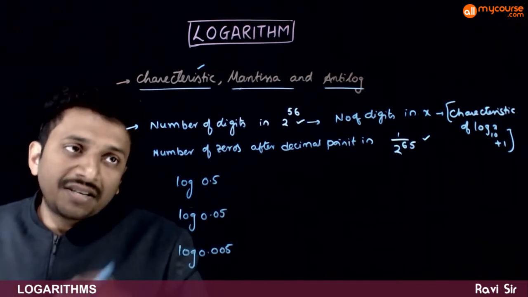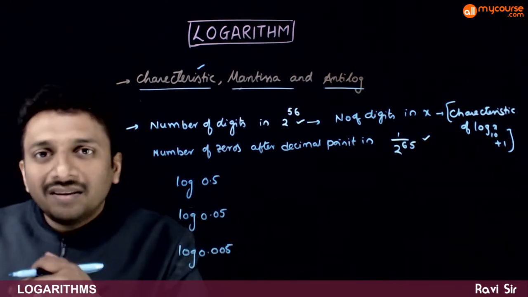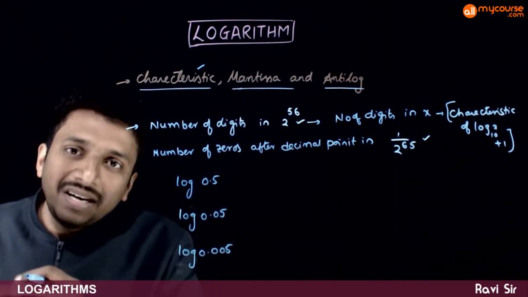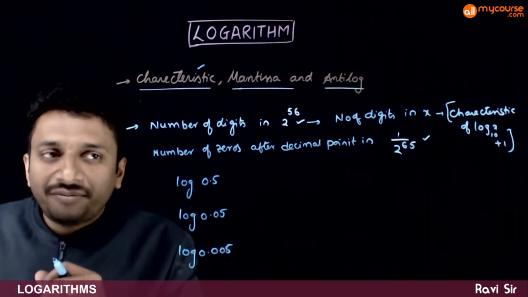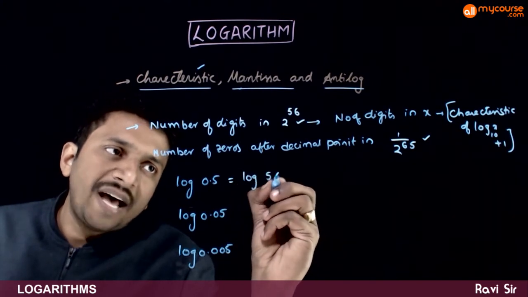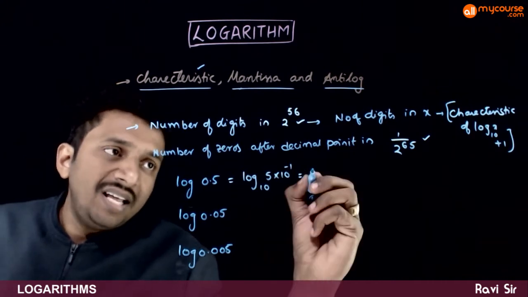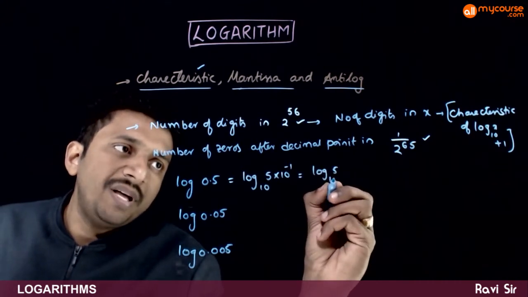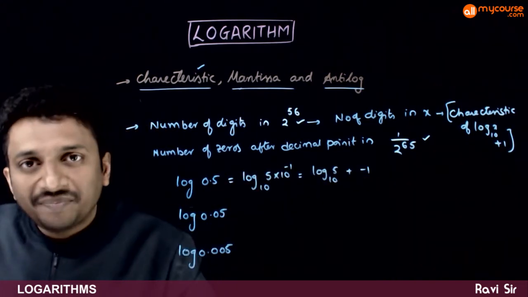Next, let us try to see the pattern for the number of zeros immediately succeeding the decimal point. Let us take an example. What is log 0.5 to the base 10? This can be written as log of 5 into 10 power minus 1 to the base 10. That is equal to log 5 to the base 10 plus log 10 power minus 1, which is nothing but minus 1.